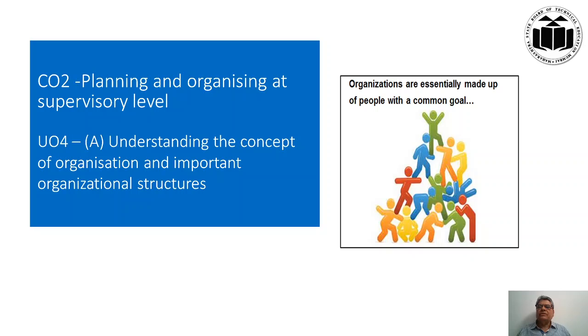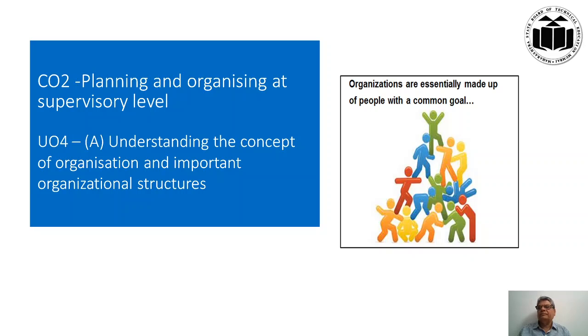Now, as the picture says, organizations are essentially made up of people with a common goal. So, this is a definition of organization: when two or more people come together to achieve certain desired goals, then that entity is defined as an organization.